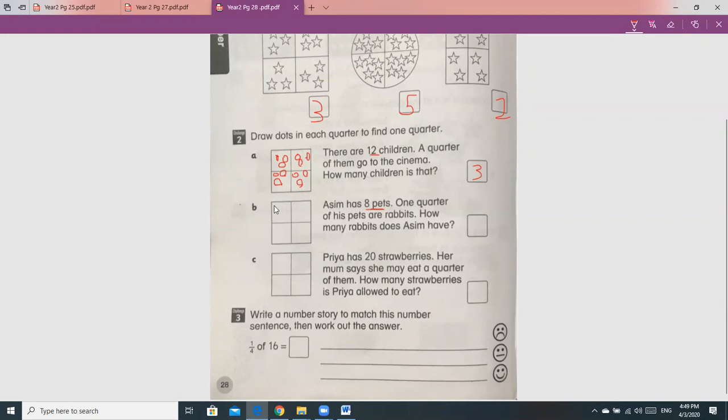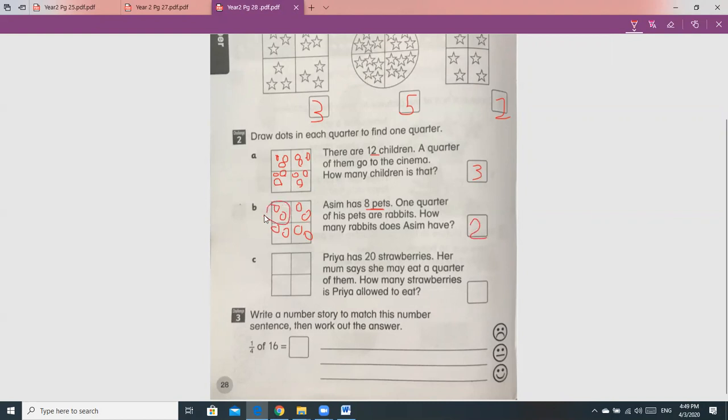Let's make it 1, 2, 3, 4, 5, 6, 7, 8. So I divide this 8 into these 4 squares. How many is in one square? 2. Yes. So the quarter of 8 is 2.